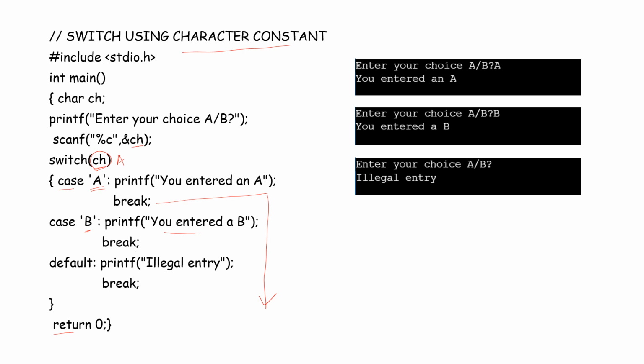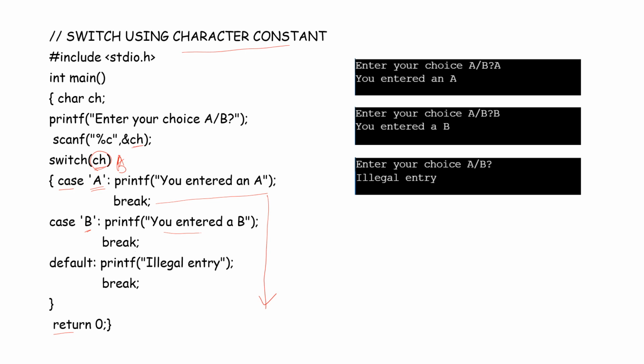Consider one more. If the user here has entered B, it gets compared with A, is not equal to B. So now B gets compared with the second case, it is equal to B. So you print the user has entered B, come out of this switch block using break. Now in the third case, the user has not entered anything, he has simply hit enter.